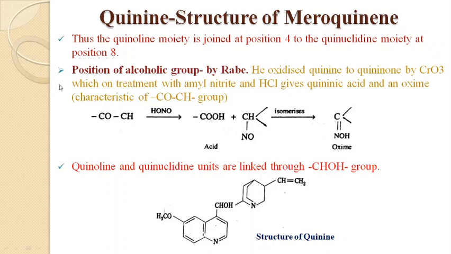The position of the alcoholic group was given by the scientist Rabe.